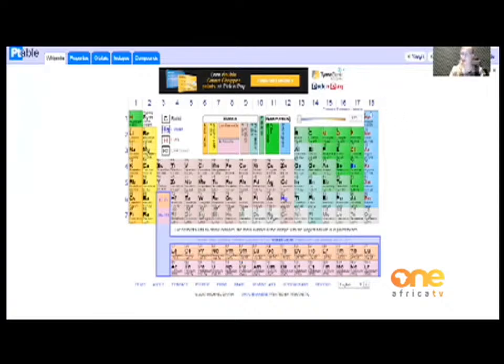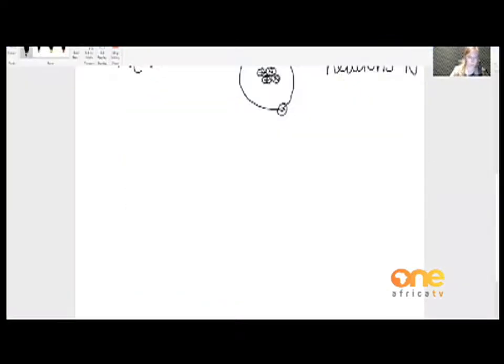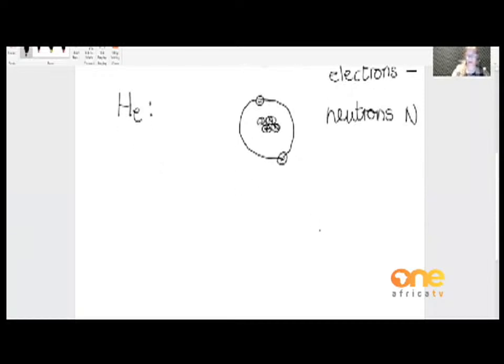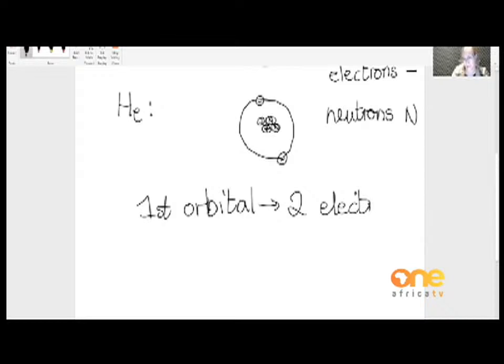So for our first orbital, it only goes up to helium, so it can only support 2 electrons. So here we go. This is our first orbital. So our first orbital can have only 2 electrons in it. Then it's full, and it can't carry any more.